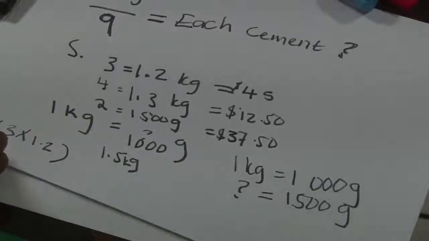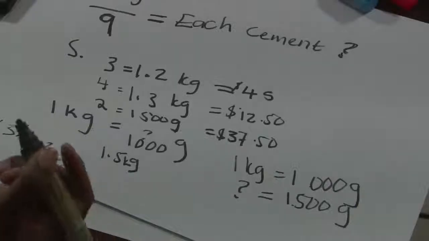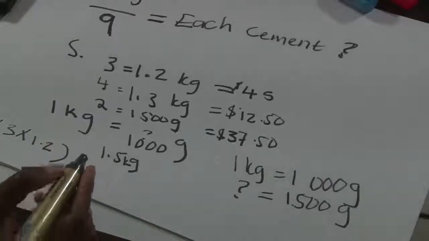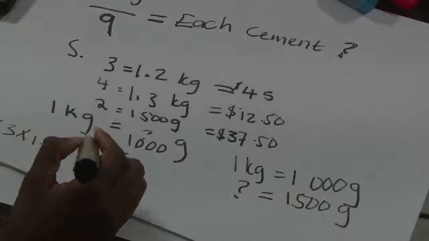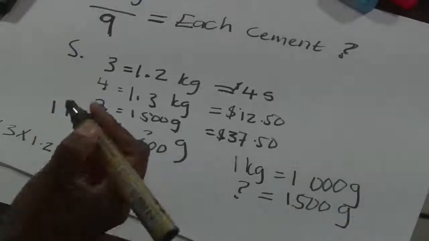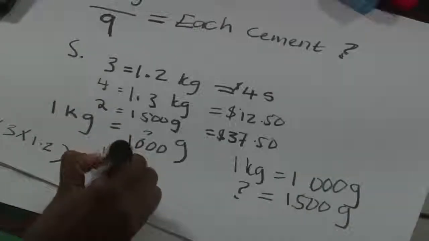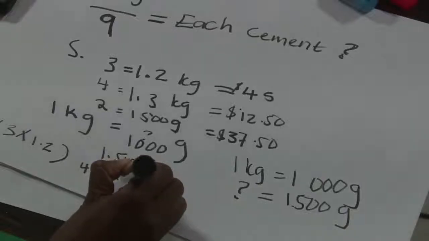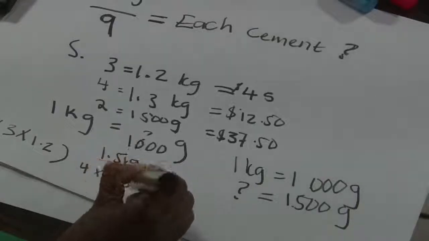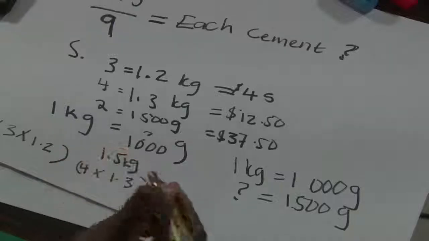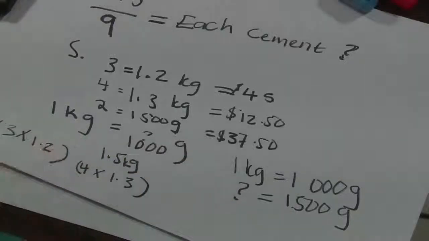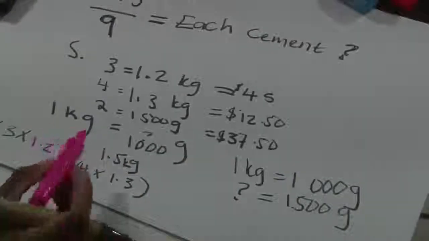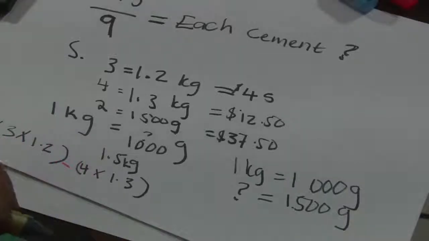That's the first item. The second item, they said she bought 4 packs of cereals weighing 1.3 kilogram each. Because it's each, you have 4 times 1.3 kilogram, and we are still going to put a plus sign here.